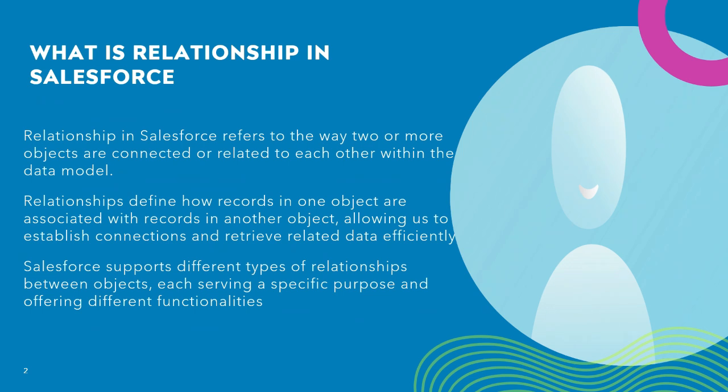And it defines how the records in one object are associated or connected with the records in another object. Okay. So there will be a connection between the records in one object and the records in another object. And in Salesforce, it supports different types of relationships between objects.